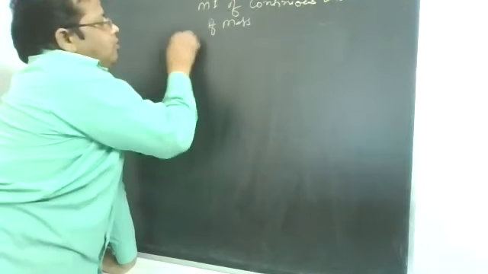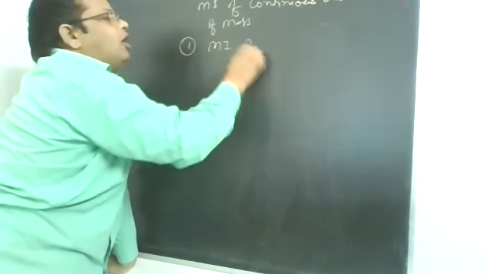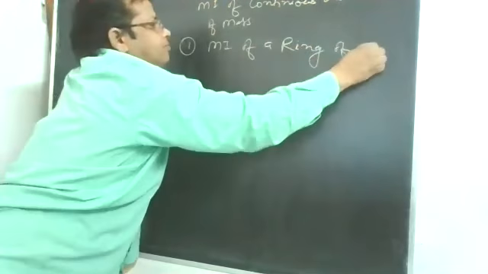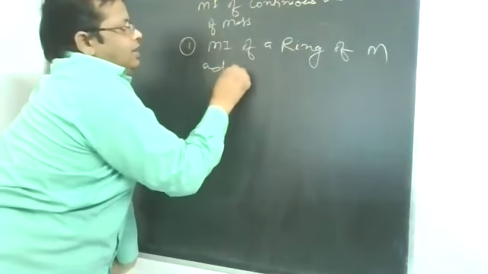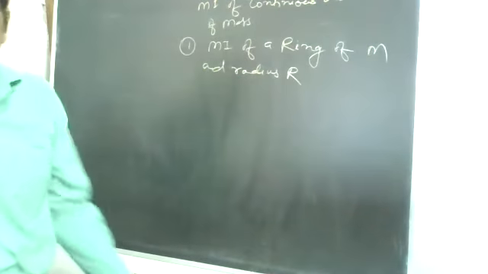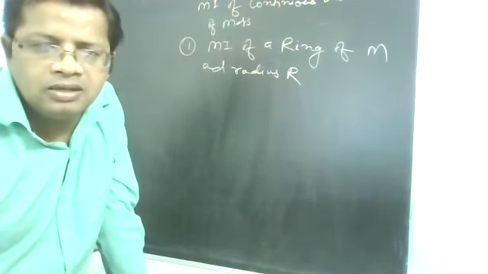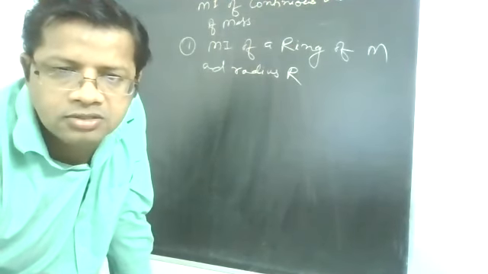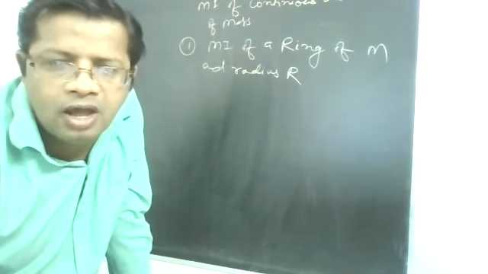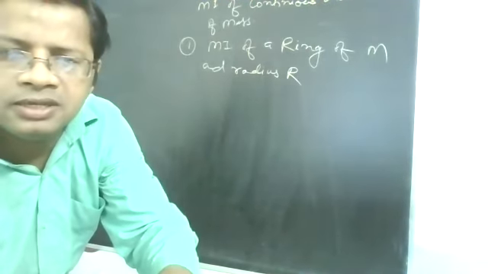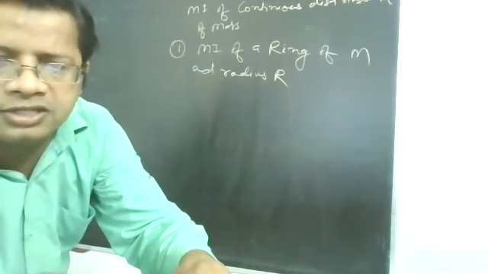First example, moment of inertia of a ring of mass m and radius r. What is the radius of the ring? r. And what is the mass? The mass of the ring is m and its radius is r.